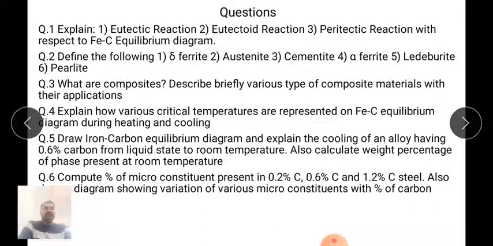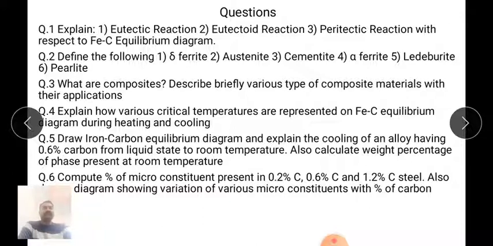Then the next question asks, explain how various critical temperatures are represented on the Fe carbon equilibrium diagram during heating and cooling. So in the previous lectures we have studied the critical temperatures. That critical temperature you have to explain with the help of the iron carbon equilibrium diagram.